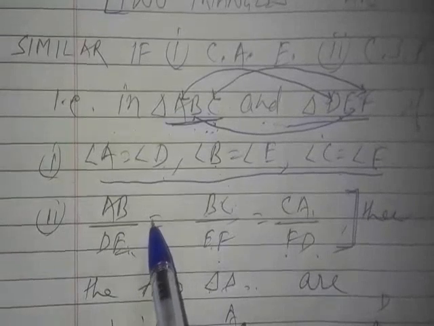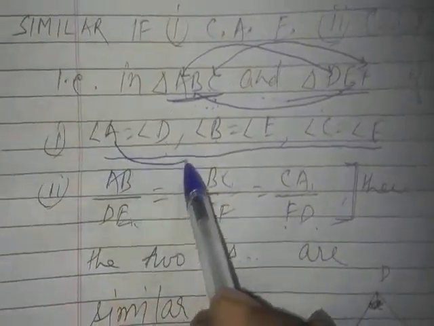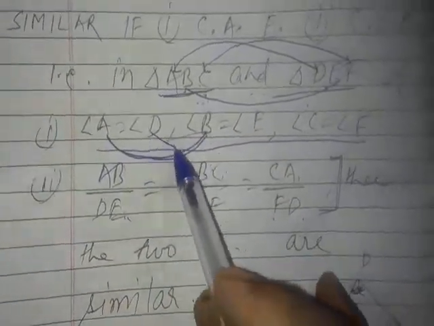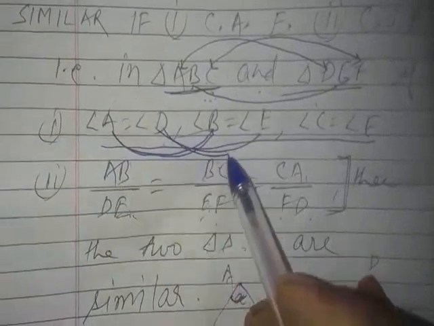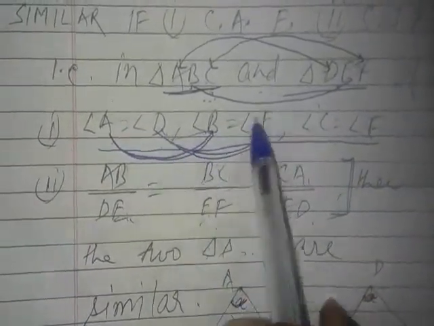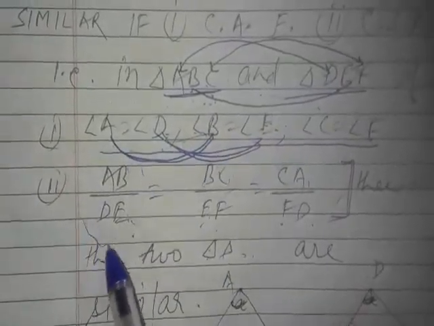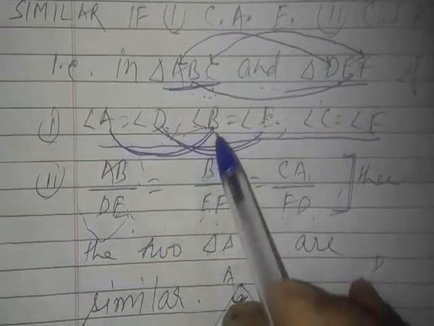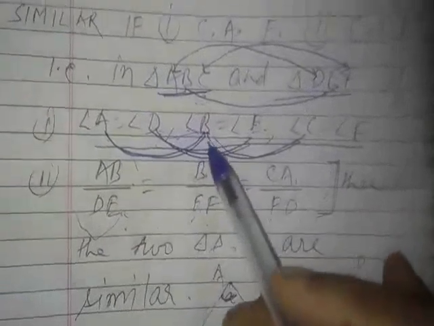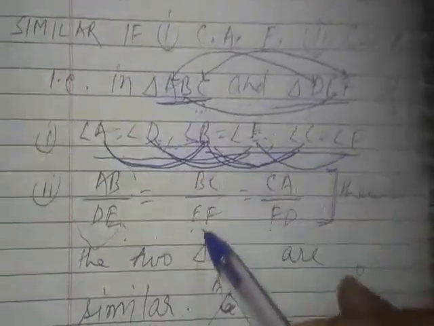Now these ratios have been formed using the first letter A and the second letter B, AB, then the ratio of D and E. These are the two letters because these two angles were equal. So the two vertices D and E have been taken here as a ratio. Similarly, B and C are forming a side and E and F are forming a side.